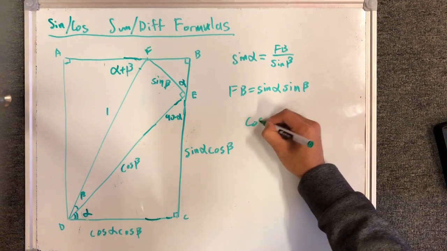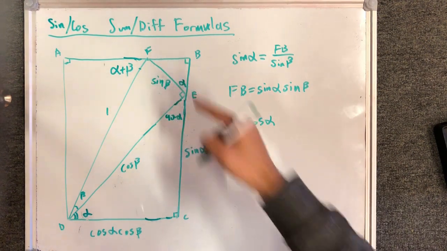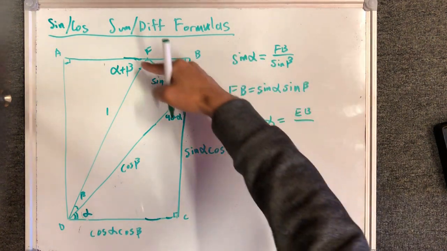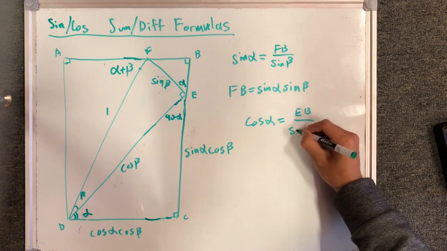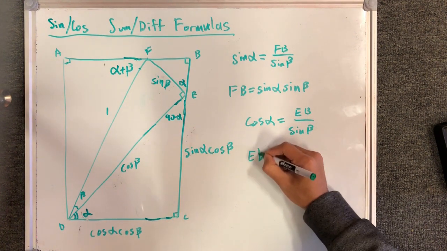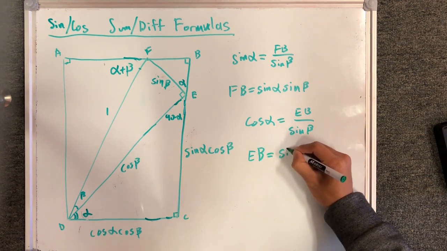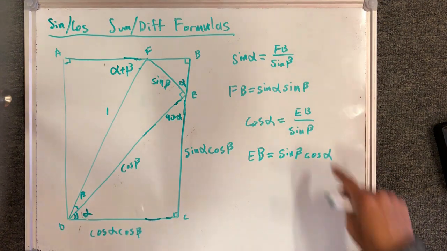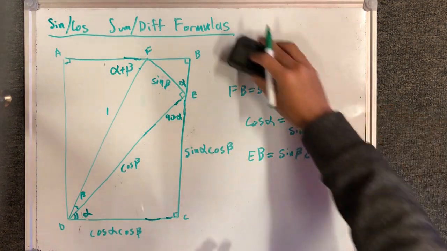If I take the cosine of alpha in this triangle, I get that this is EB over FE, which is sine of beta. And we solve for EB, getting sine beta cosine alpha. Let's also label these two lengths in.